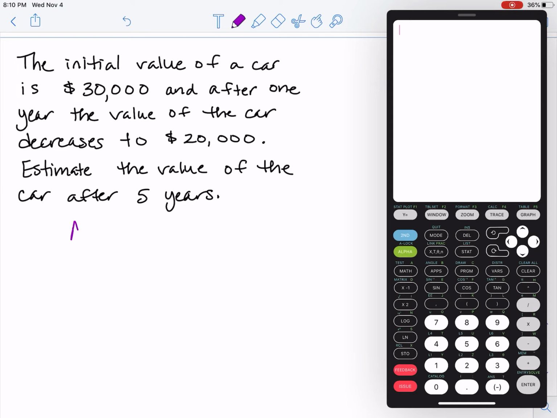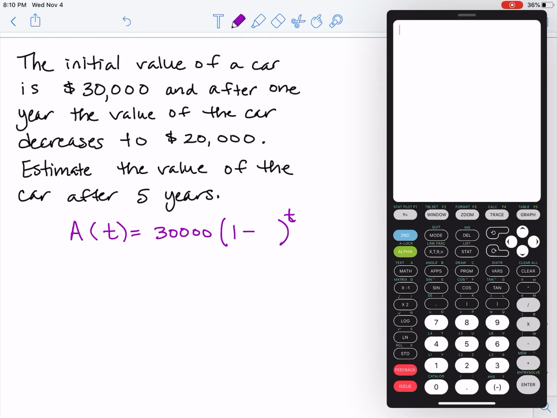So the amount after t years is, well, how much did it initially cost? $30,000. Times, let's see, it's going to be a minus something raised to the t.